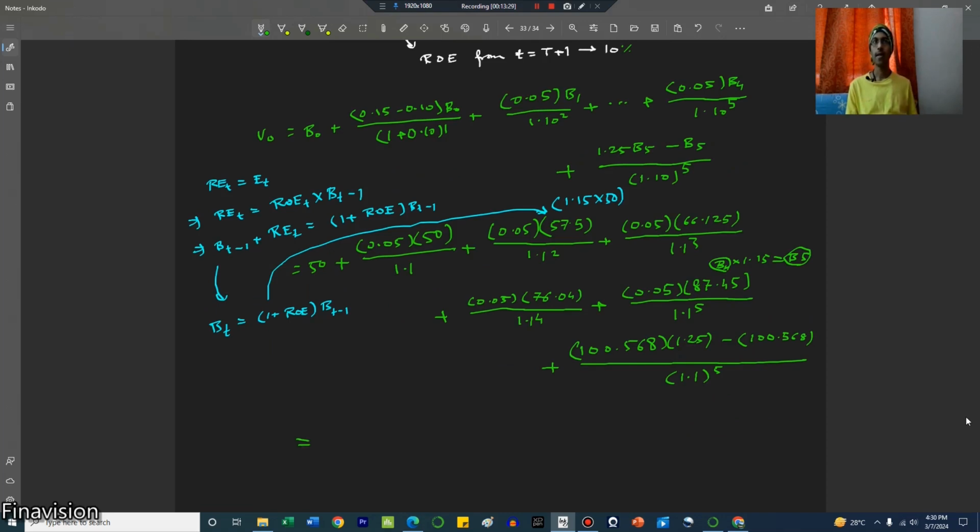So our final calculation becomes 50 plus 50 into 0.05 divided by 1.1, which is 2.27. Plus 57.5 into 0.05 divided by 1.1 square, this gives 2.376.